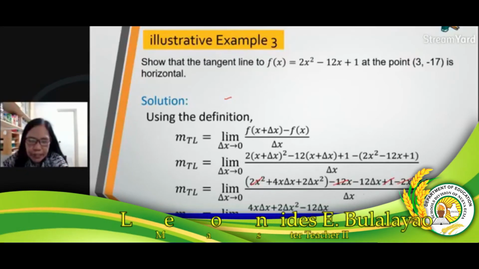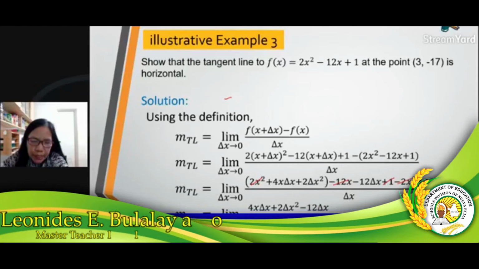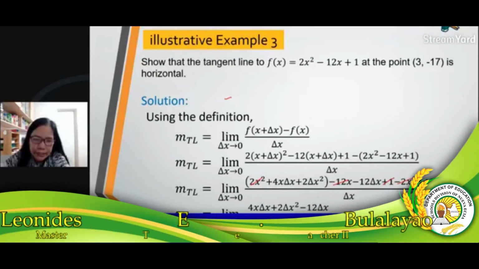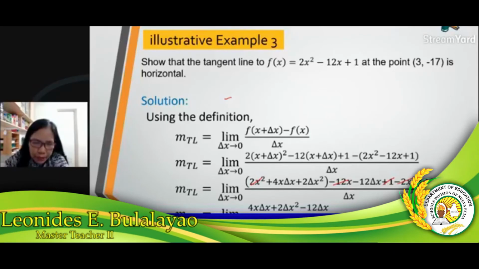So the remaining equation is 4x delta x plus 2 delta x squared minus 12 delta x, all over delta x, as delta x approaches 0.